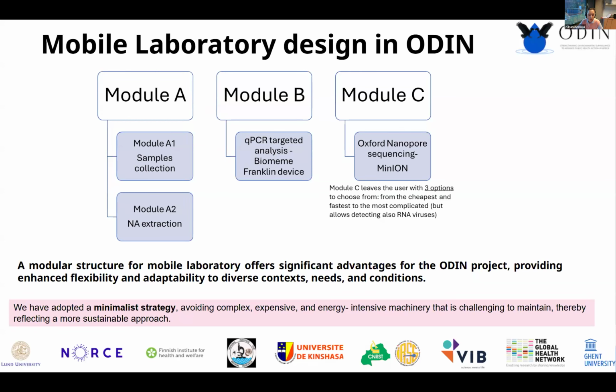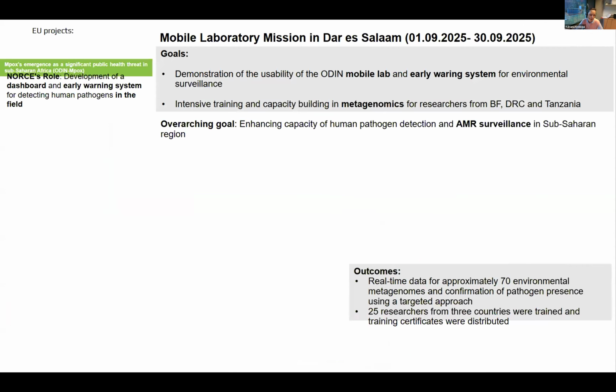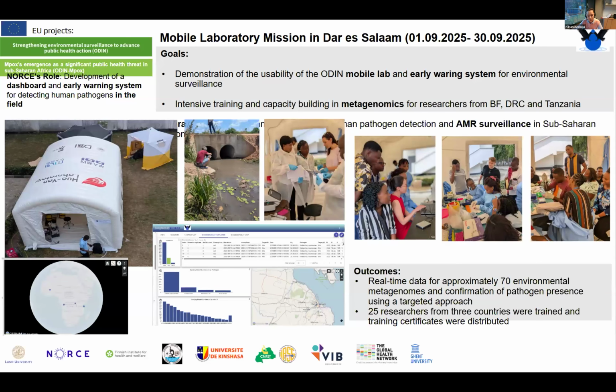We have also adopted a minimalist strategy, avoiding very complex, expensive, and energy-consuming equipment that is sometimes really challenging to maintain, thereby reflecting a more sustainable approach. Finally, the potential integration of renewable energy, for example the use of solar panels, is something that maybe in the future should be considered.